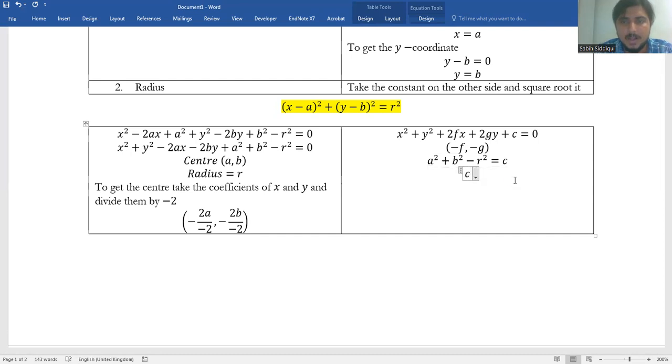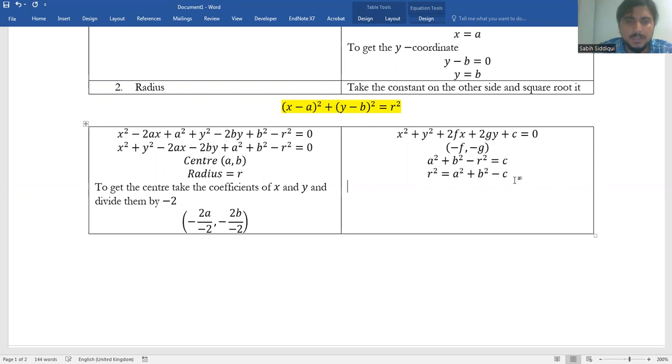If I make r the subject of the formula, I can write r² = a² + b² − c.